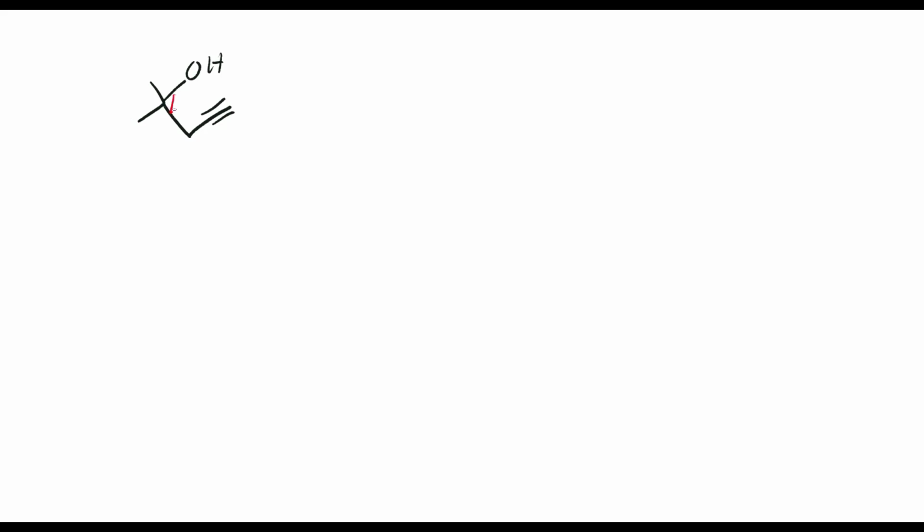So I'm not going to start saying 1, 2, 3, 4, right? Because then what about this? I'm not going to say that. Instead, I'm going to count nearest. I'm going to say 1, 2, 3, 4, 5. Well, that means that this methyl group is on carbon 2, and this alcohol group is also on carbon 2.